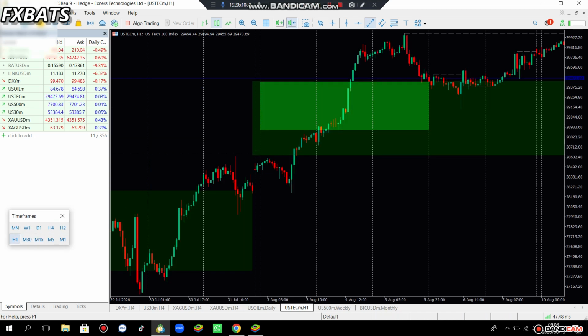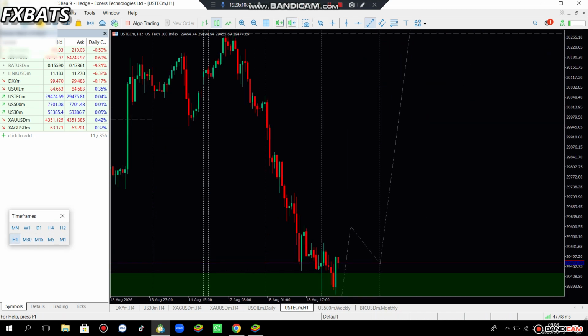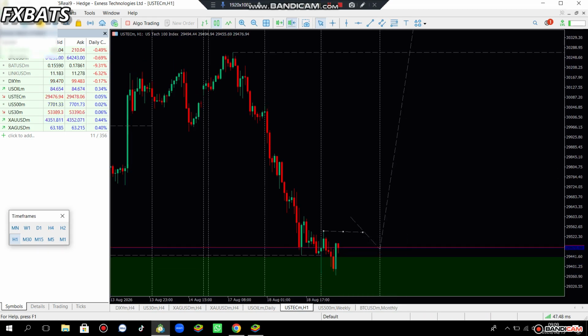If not that, you can go to a time frame lower. You can just use 1 hour. On 1 hour, you're gonna literally wait for a shift of market structure. Once price displaces upwards with a shift of market structure, you're gonna be able to frame your entries. You could possibly look for any PD array within discount.